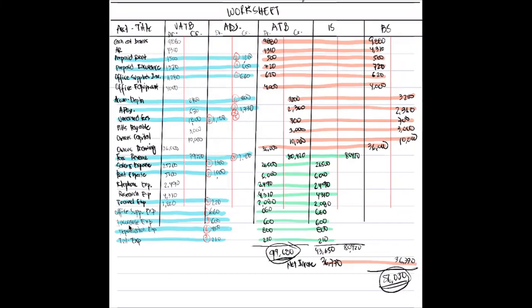And then we prepare your adjusted trial balance from your unadjusted trial balance and your adjusting entries. And then from your adjusted trial balance, we forward the accounts. So in your income statement, what accounts are forwarded? Only the revenues and your expenses. For your balance sheet, what accounts are to be forwarded? We have your assets, your liabilities, your equity, including the net income or loss.